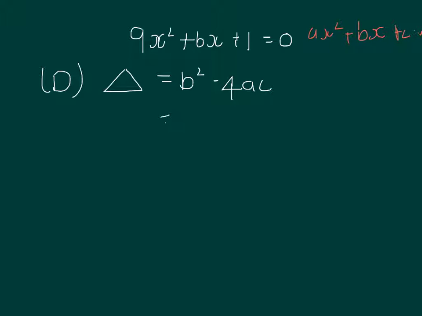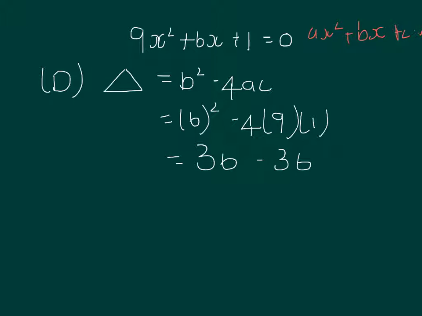So my b is going to be 6. So I have 6 squared minus 4 times a is 9 and c is 1. So I have 36, 6 squared, and 9 times 4 is also 36. So I have 36 minus 36, and this gives me 0.